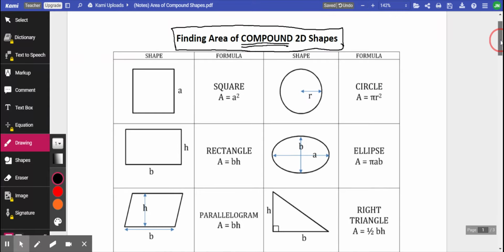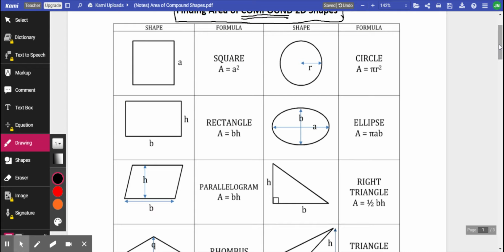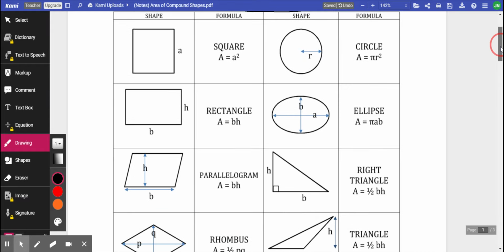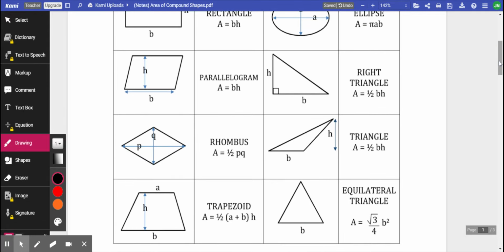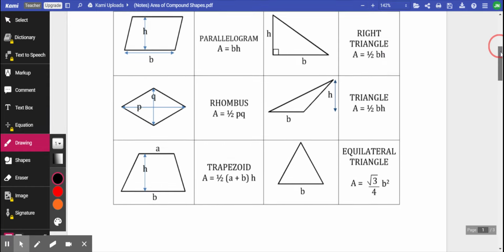So just a quick reminder about what we already talked about in the past. This is the formula for the area of a square, the area of a circle, and the area of a rectangle, which is base times height. An ellipse is pi AB. A parallelogram is base times height. Any triangle is 1/2 base times height. A rhombus is 1/2 p times q, where p and q are the lengths from corner to corner.